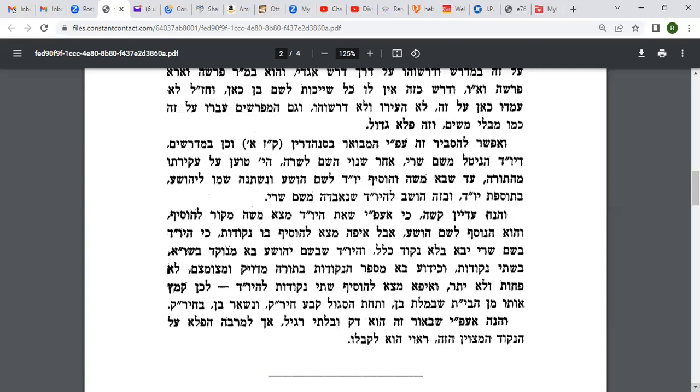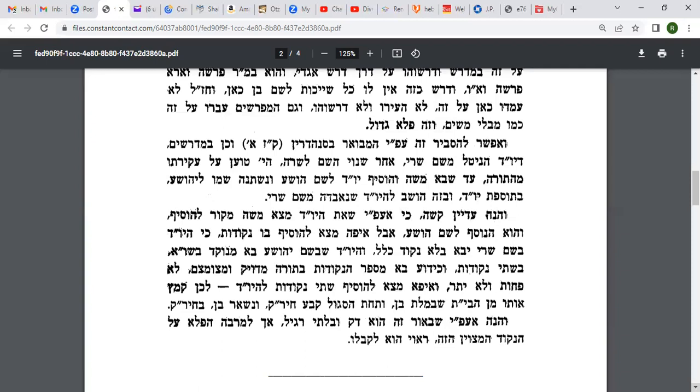Kiyadua, it's known. But mispar nekudos baTorah meduyak mitzumtzam. We have a Masoretic tradition, our Masorah, about how the Torah is supposed to be punctuated. You can't just grab two dots, this nikud, out of nowhere, and there was a certain amount of nikudos that were in Tanakh. Where did those two nikudos, where did the Shva come from?